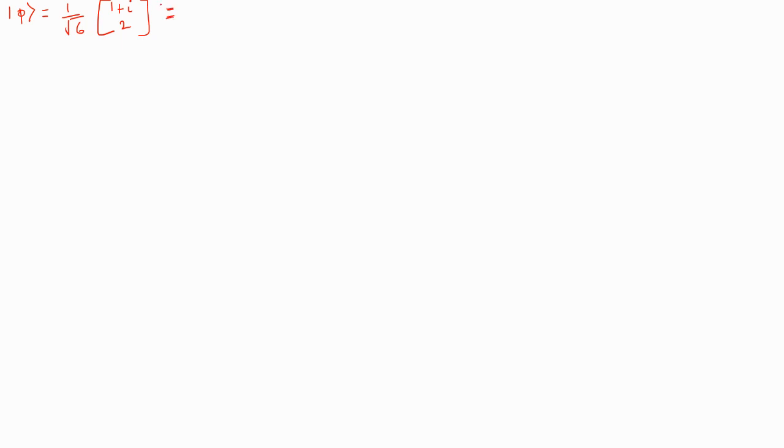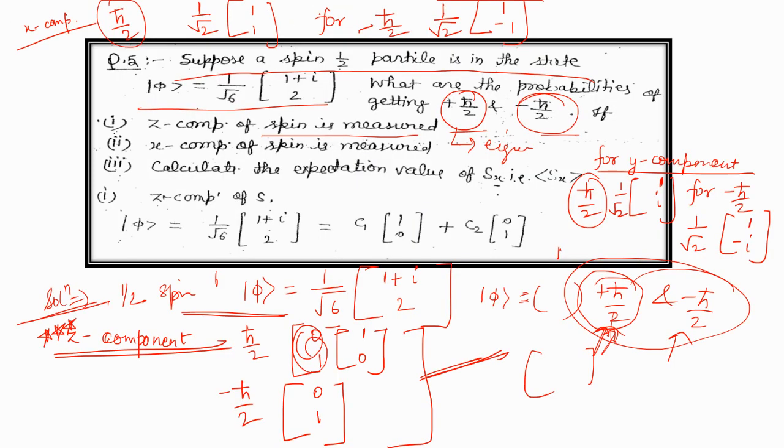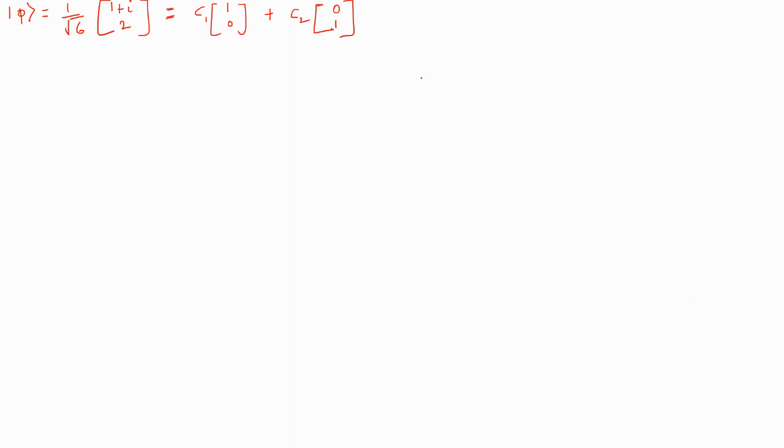So we are asked z component. So can I write this wave function as a linear combination of these two values which we are asked to find out? I'm constructing the vector. I'm constructing a state in terms of these two values which are asked to us, right? So from that I'll find out the probability. How, you will see.